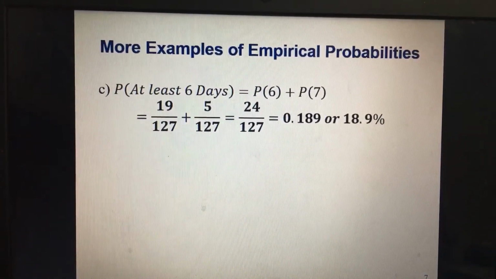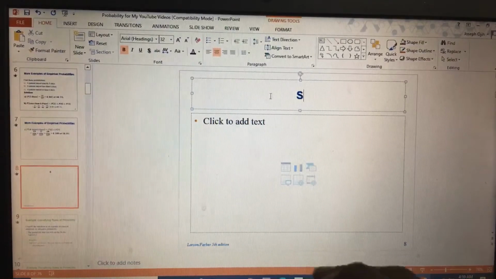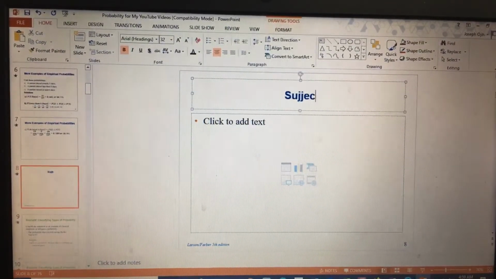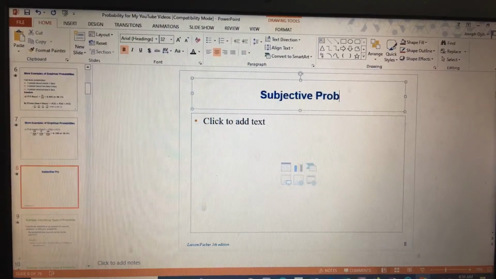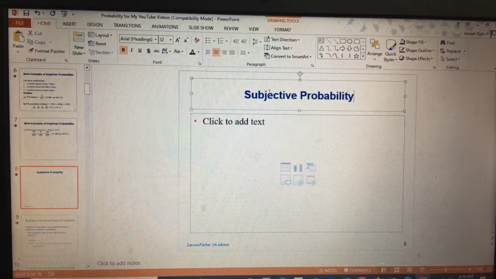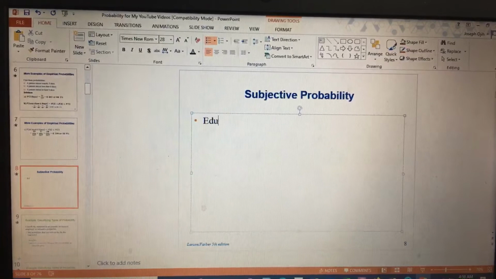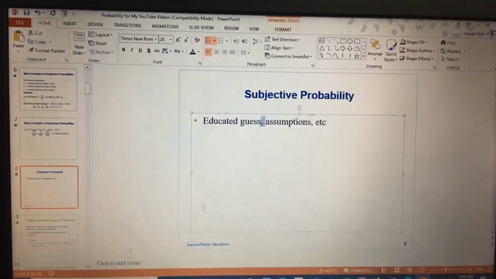Give me 1 minute, let me put it in. Okay. The subjective probability is based on, as the name implies, on educated guess, assumptions, etc. Okay, let me put it this way.